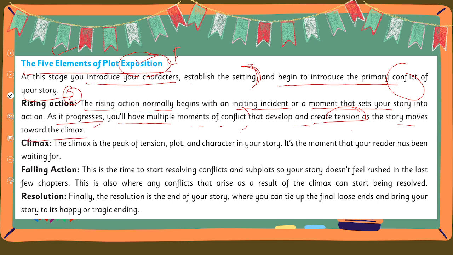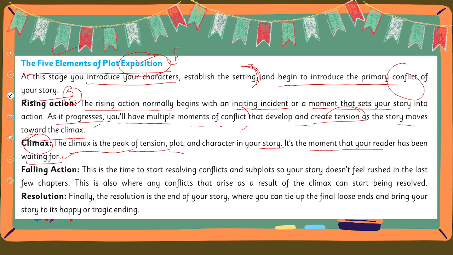So rising action is what keeps you hooked as a reader. Then we move on to the climax, the middle part. The climax is the most important part and the peak of tension, plot, and character in your story. It's the moment that your reader has been waiting for.